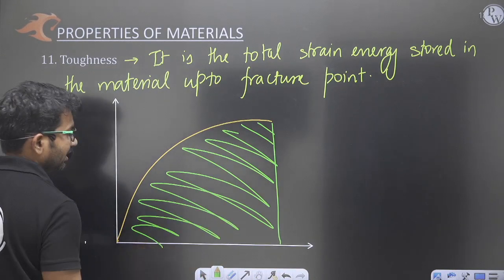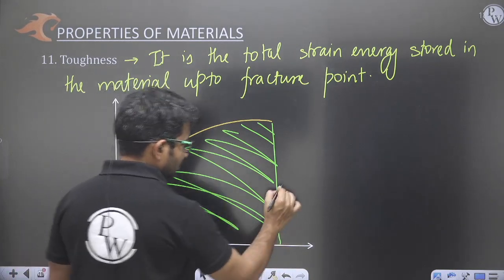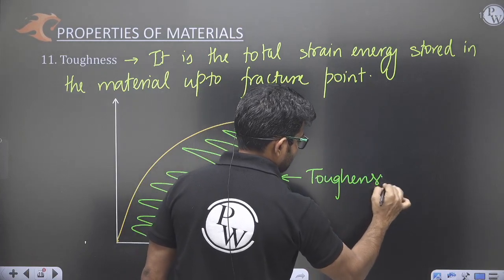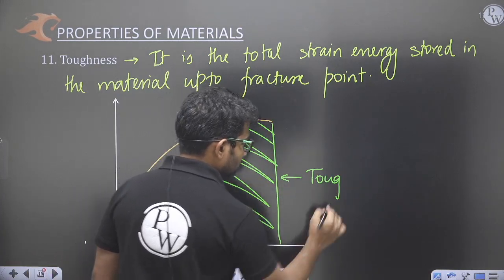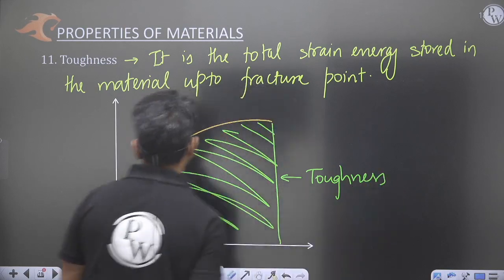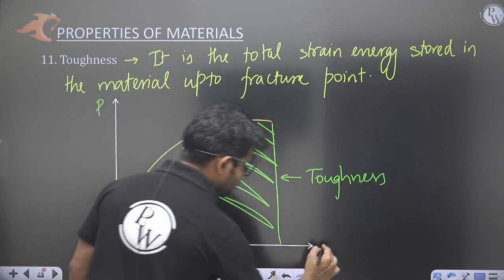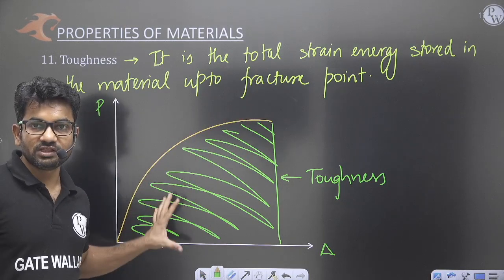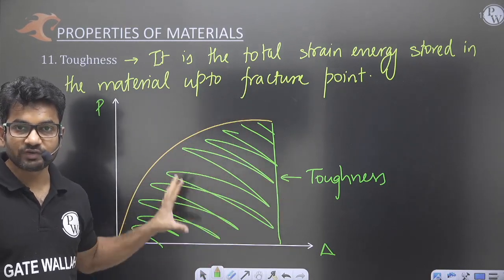So this is the load deflection curve. The total strain energy stored in the entire volume of the material up to the fracture point will be called toughness.